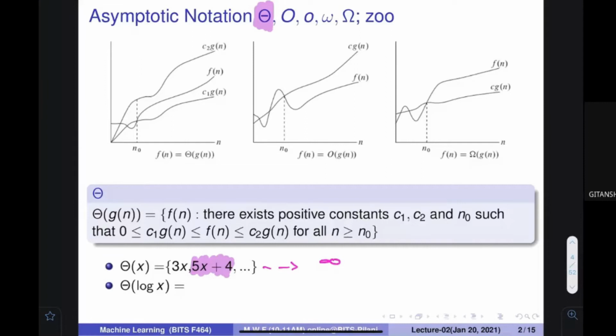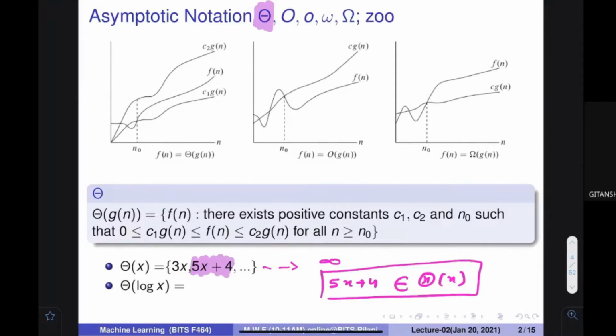So if I write that 5x plus 4 is inside theta of x, how many of you would agree? Can you write yes? Yes, you agree that it is going to be this.